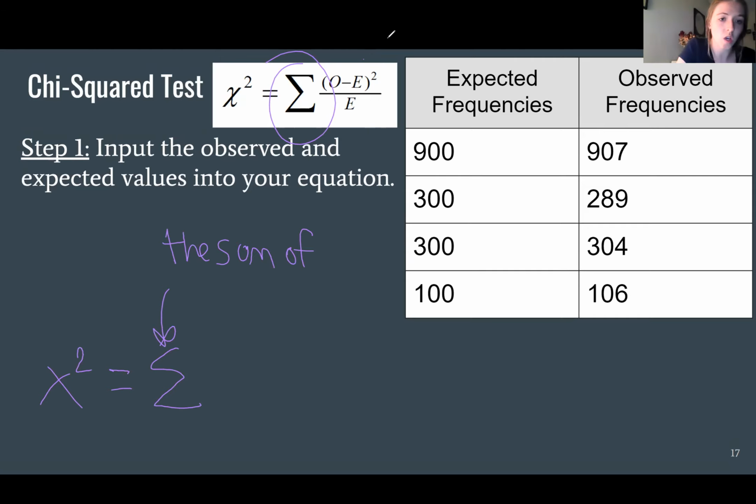So you're going to do this calculation: observed minus expected, squared, over your expected values.